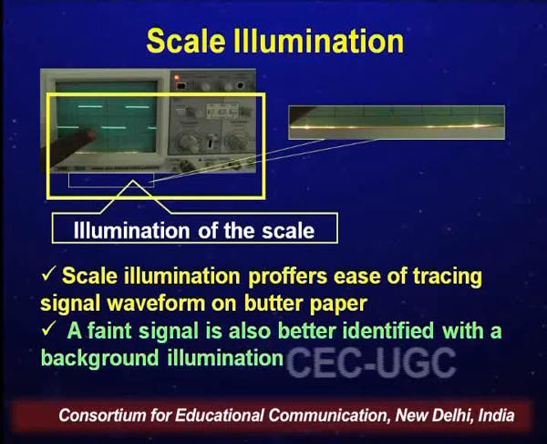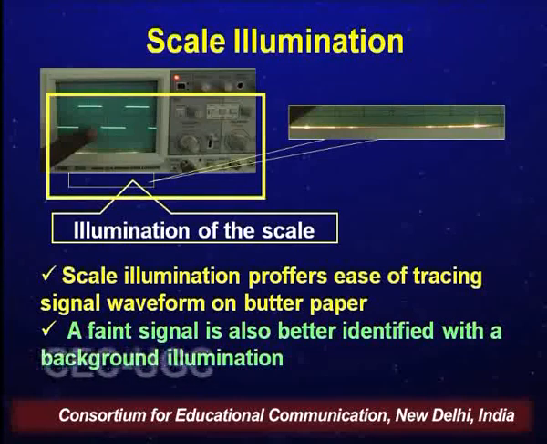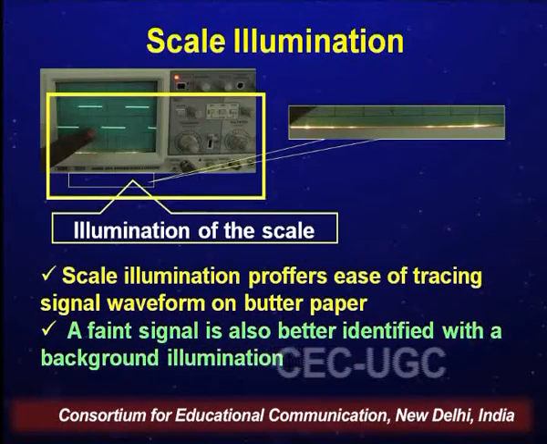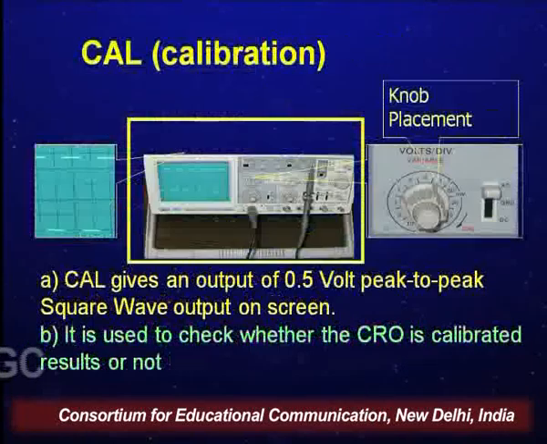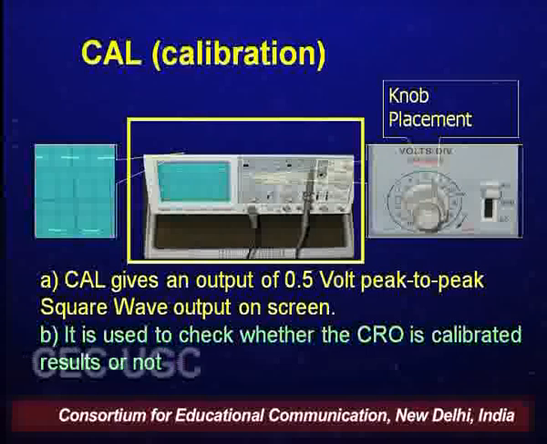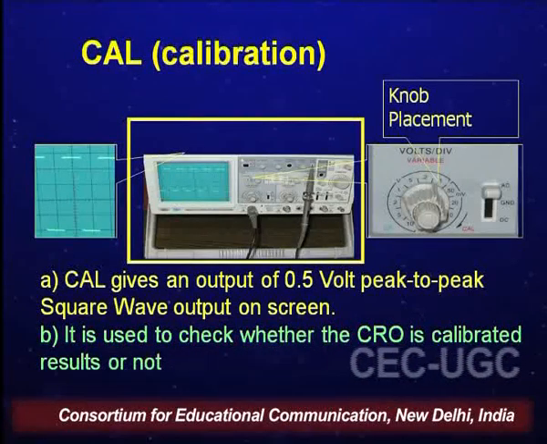With practical files it is still possible, you can bring a printout, but during examination you have to trace the waveform on a butter paper, also known as tracing paper, and while tracing it using a pencil, you need to have the scale illuminated for calibration purposes, and hence the role of the scale illumination. There is a button, as you can see in the slide, that is known as a knob.